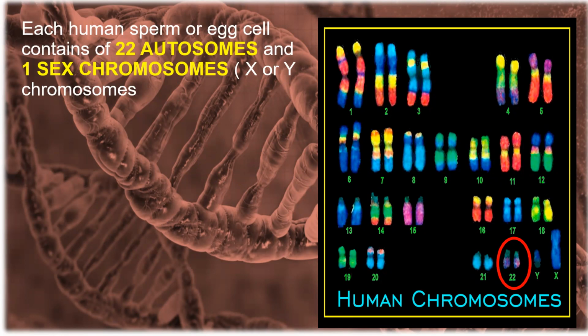Both sperm and egg have 22 autosomes plus 1 sex chromosome.